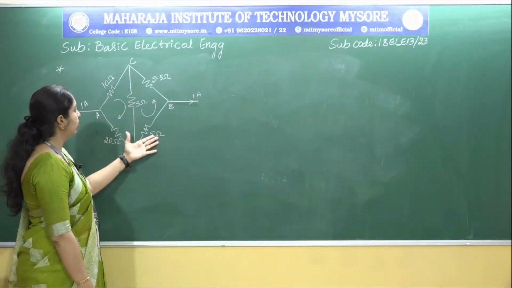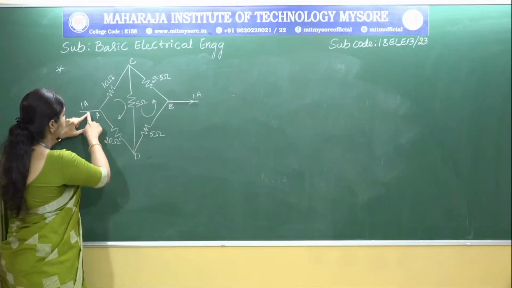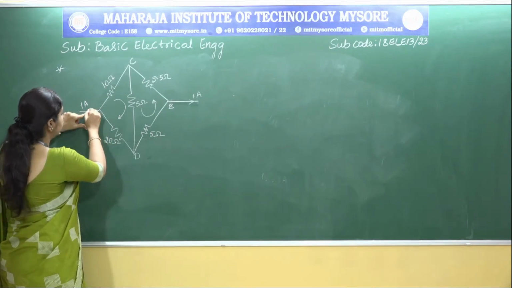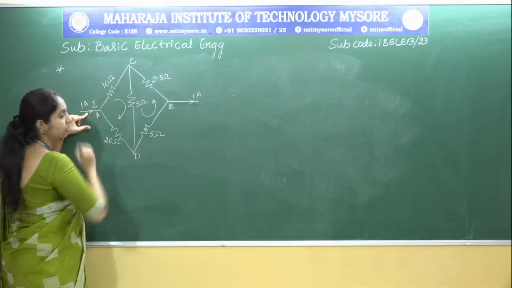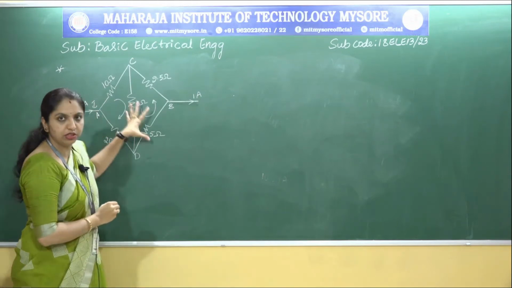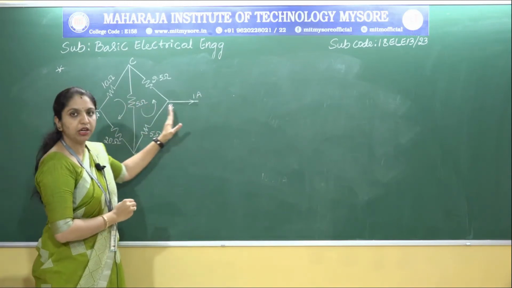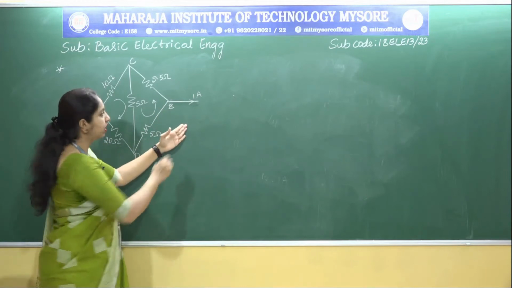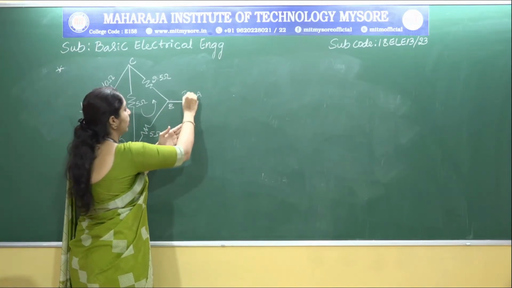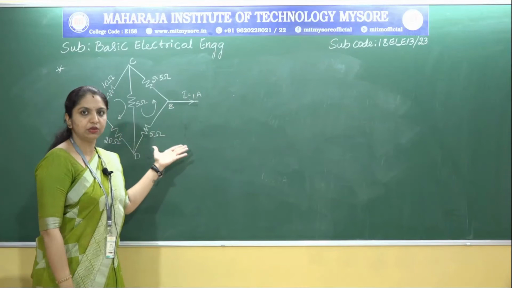In this circuit, let us consider 1 ampere as the total current which is entering this circuit, and the current which is coming out of this network is again 1 ampere, which we call I, the total current.